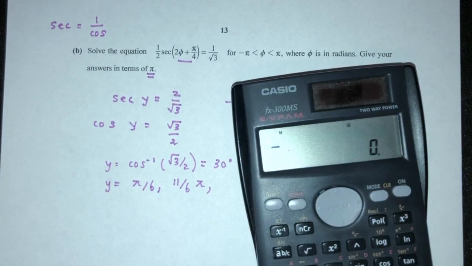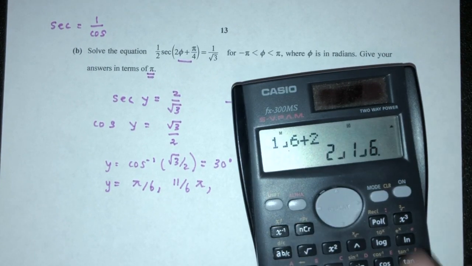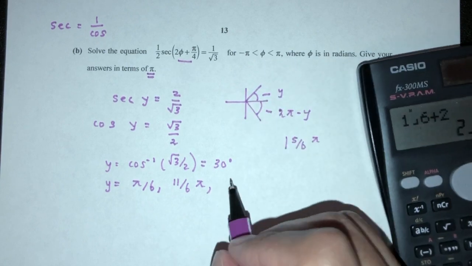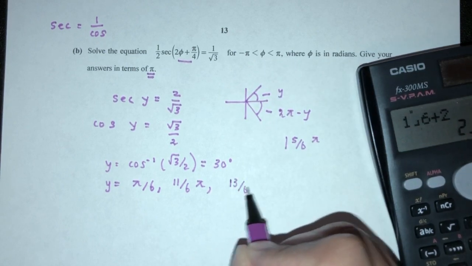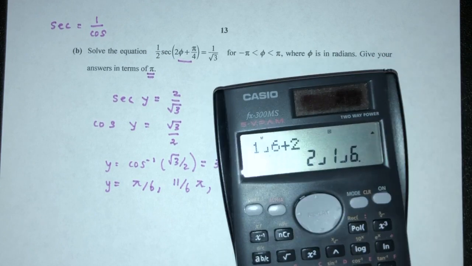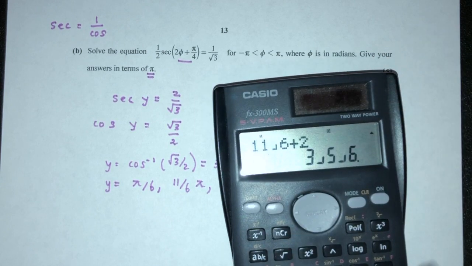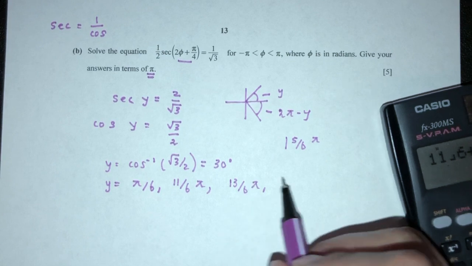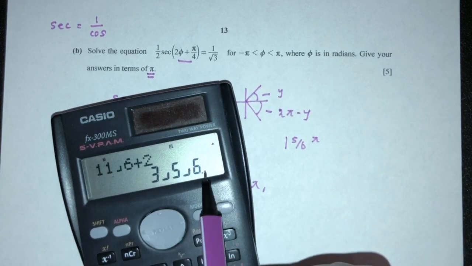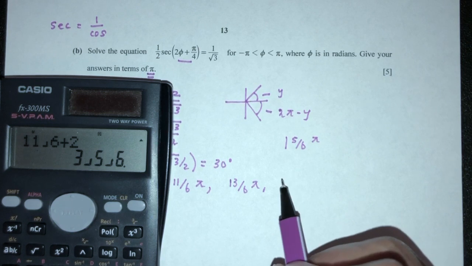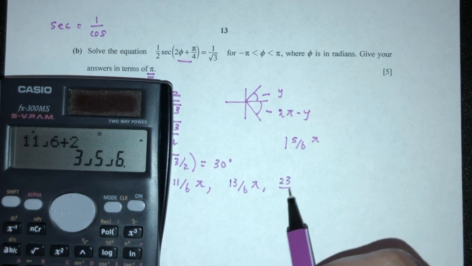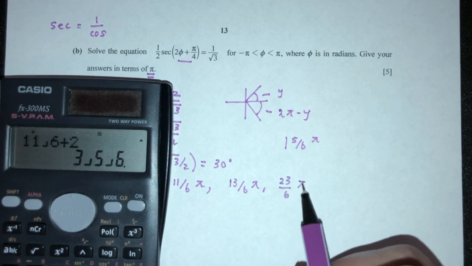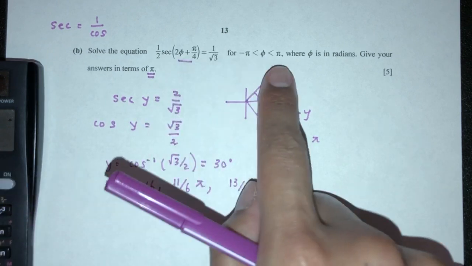You will have 1 over 6 plus 2, which will be 13 over 6 pi, and this one, 11 over 6 plus 2, that will be 18 plus 5. So 3 times 6, 18 plus 5, that should be 23 over 6 pi. This is after adding 2 pi.